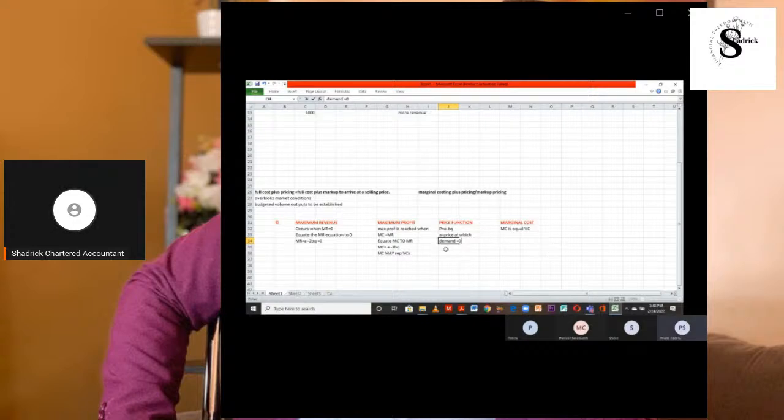But again, when you're working out the marginal revenue function, remember this one is only used to get the quantity required to be either sold or produced.